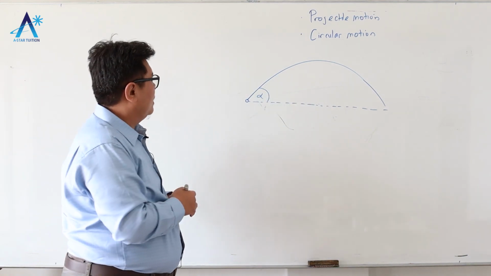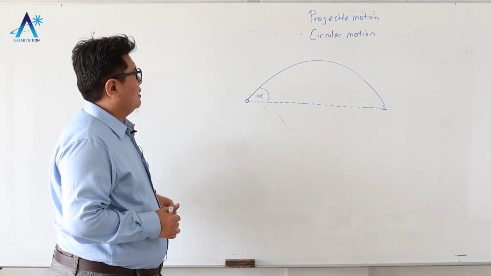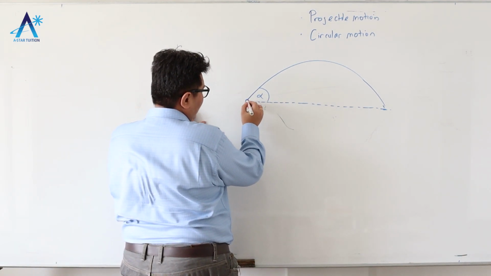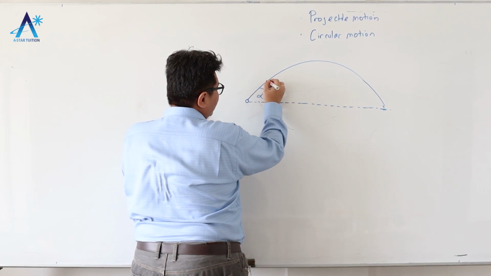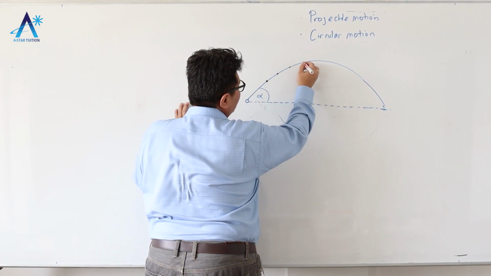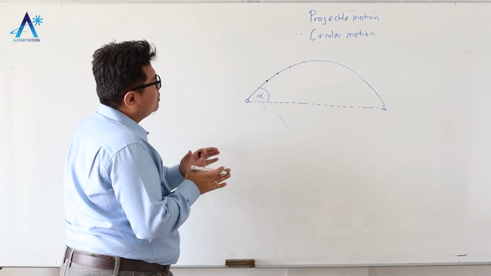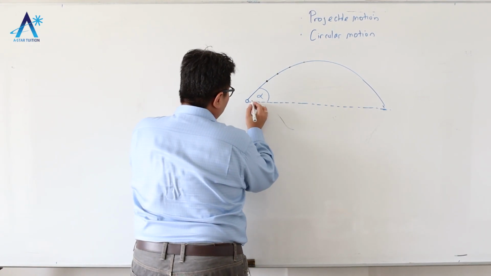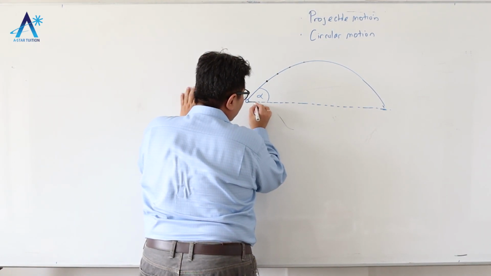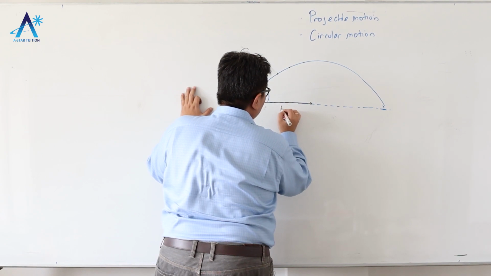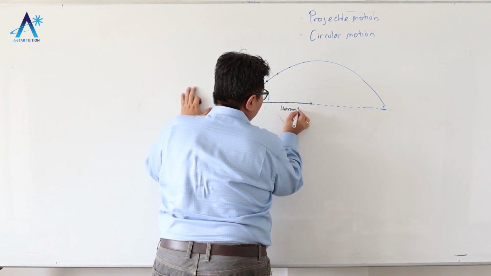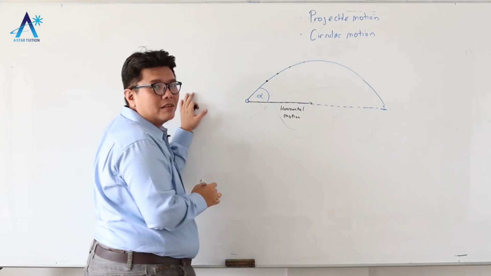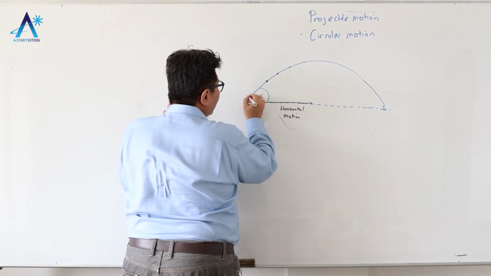Now, you can see here that this motion is two-dimensional, because as the object moves through this path, there are two directions in which the object is moving. One direction is the sideways direction, or the horizontal motion, and there's also up and down motion like this.